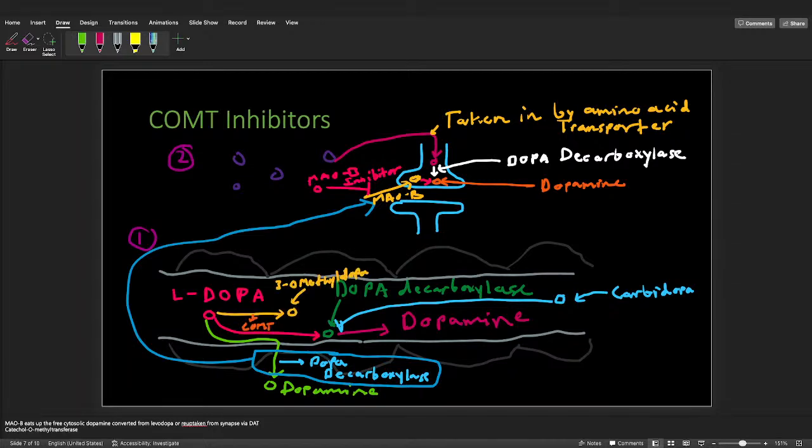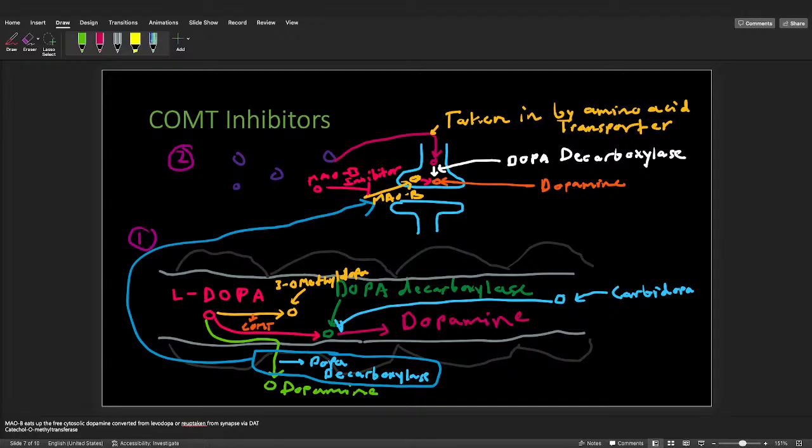Then you got catechol methyltransferase, and I kind of mentioned this a little bit, but levodopa breaks down in one of two ways. It either breaks down to dopamine, or it's going to break down into 3-O-methyl-dopa inside the blood.